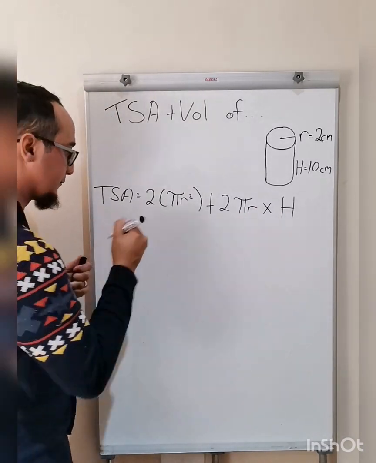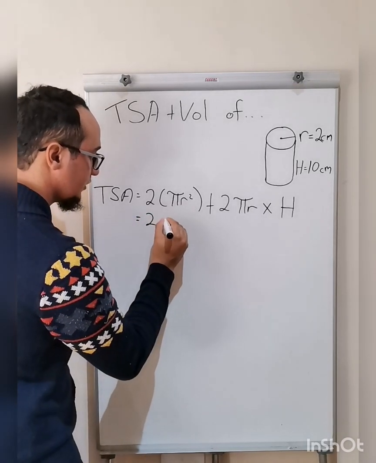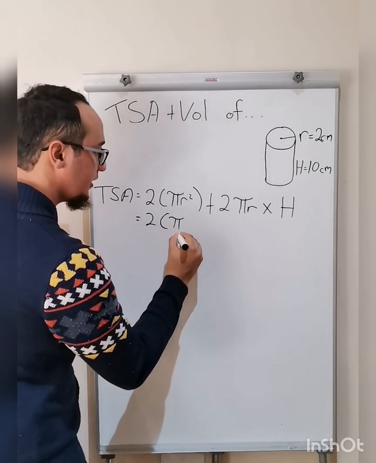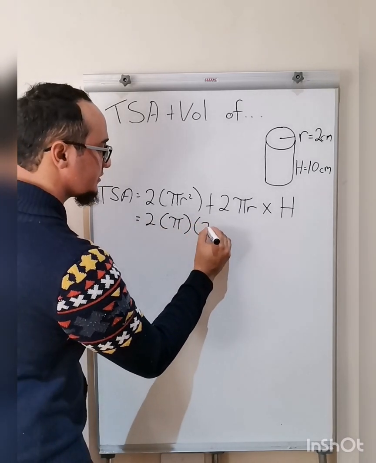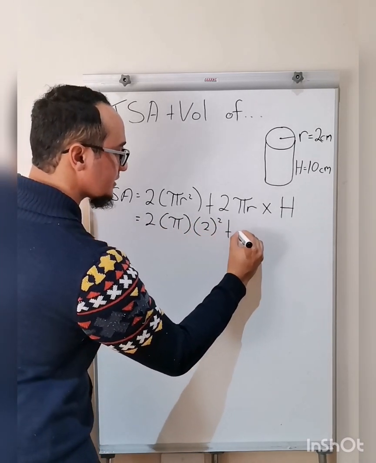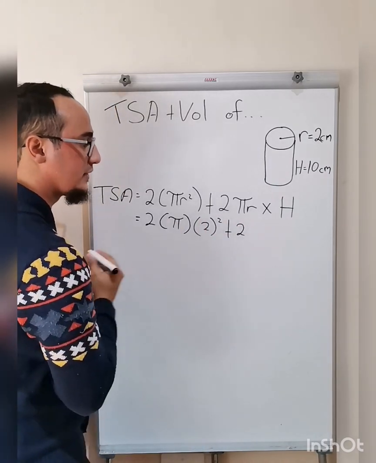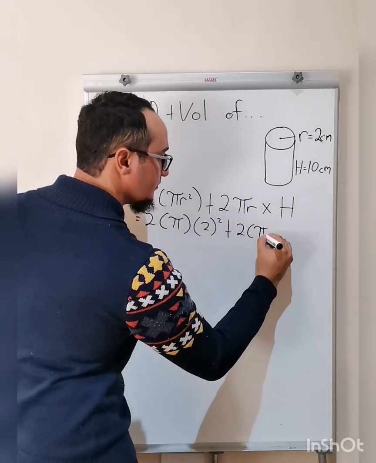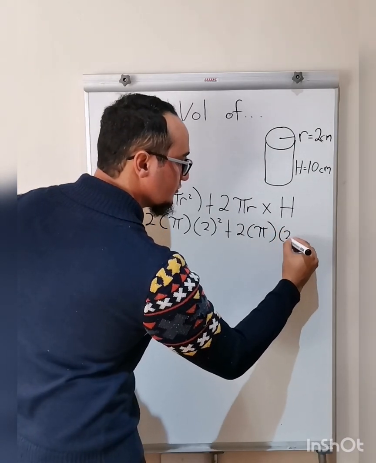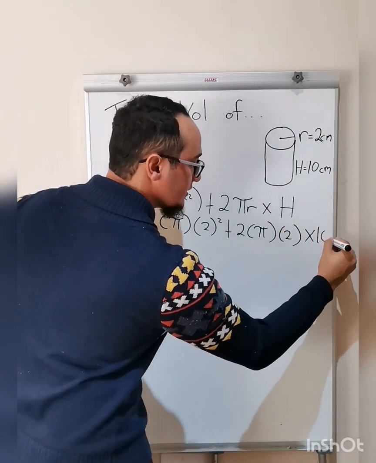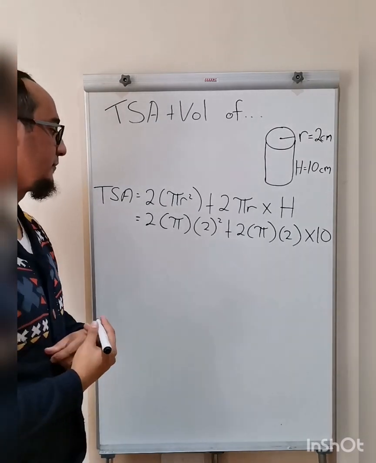So substitute 2 multiplied by pi multiplied by, what's the radius? The radius is 2, squared, plus the circumference of my circle, 2 pi r, where r is equal to 2, multiplied by 10 centimeters, which is the height of the prism.